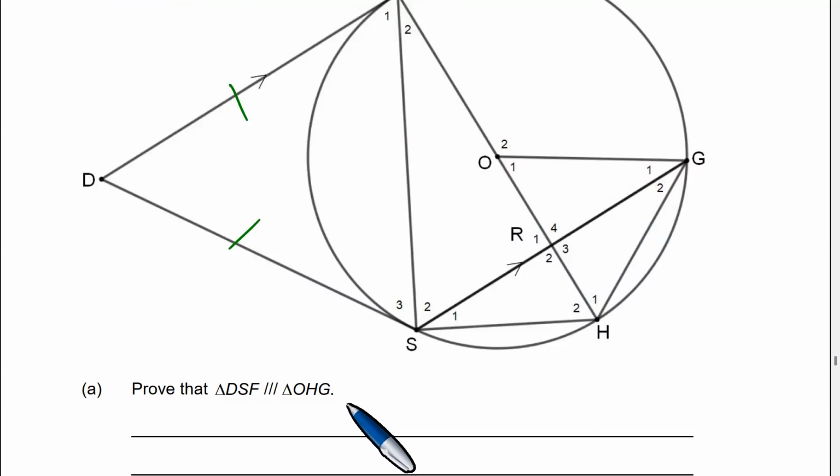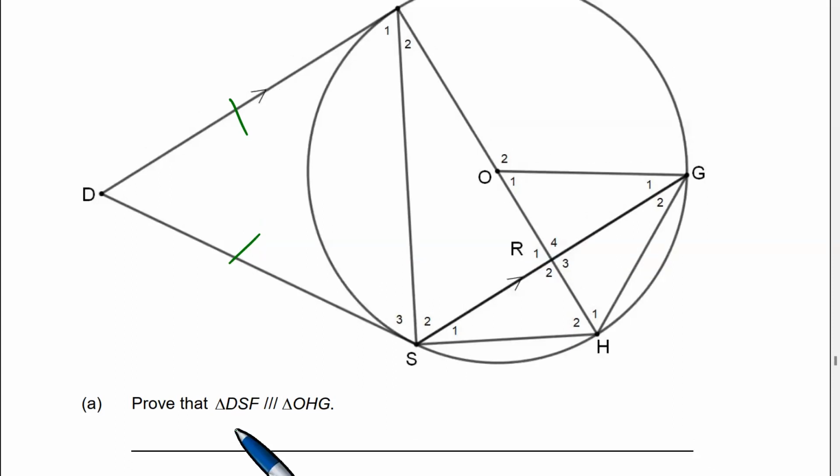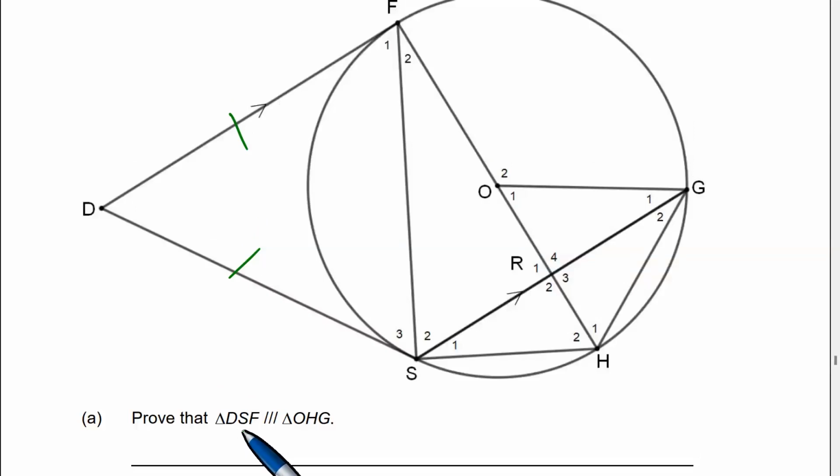Let's prove this. To prove this, a couple of things are very important.